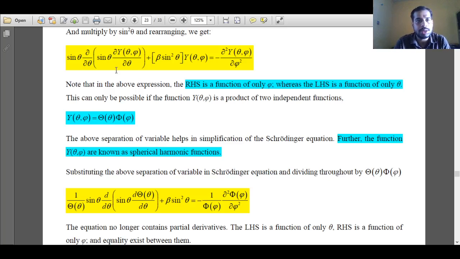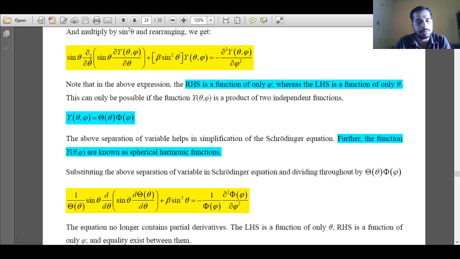Now if I substitute here that the spherical harmonic function is a product of theta function and phi function, the differentiation is taken with respect to theta, so the phi function will not be affected and it will come out of the differentiation. Now I am dividing by theta and phi, so the phi function in the numerator and denominator will cancel out, and I am left with only 1 over theta function, sine theta.